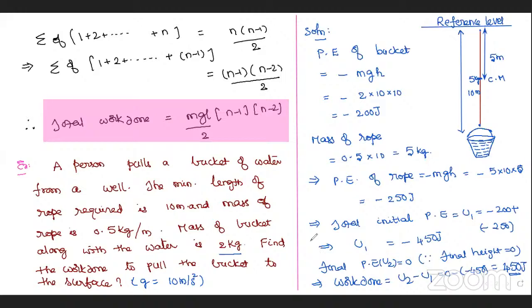Till this previous problem, what we did, even though a bucket of water is pulled to the reference level, we considered the mass of the rope, but that rope is inextensible, not expanding, not extending, not elongating. So inextensible strings till now we took.